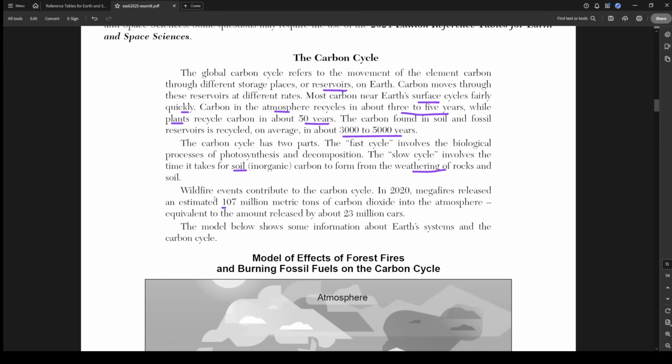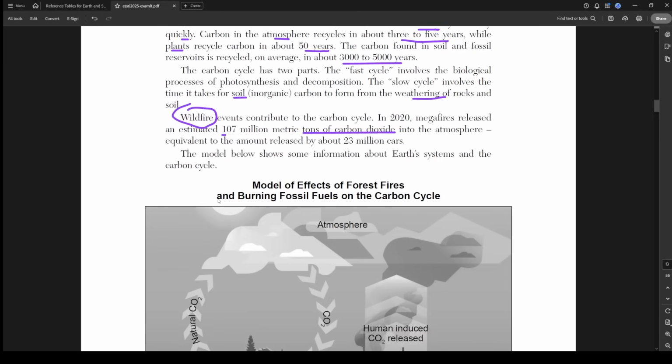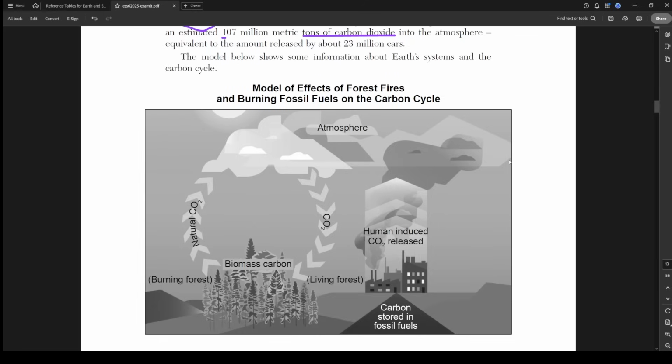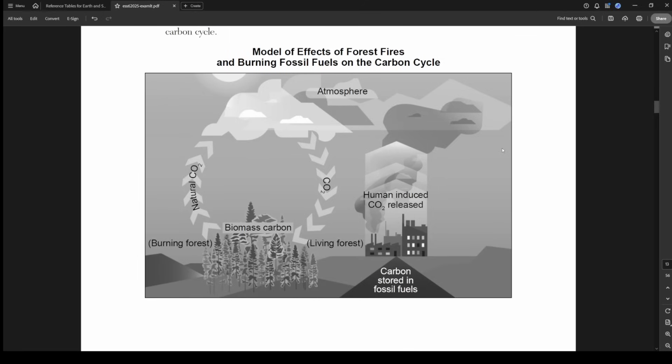Okay, so wildfires did a lot. Model below shows information about these systems and the carbon cycles. Okay, so essentially what this is saying, humans have an impact.